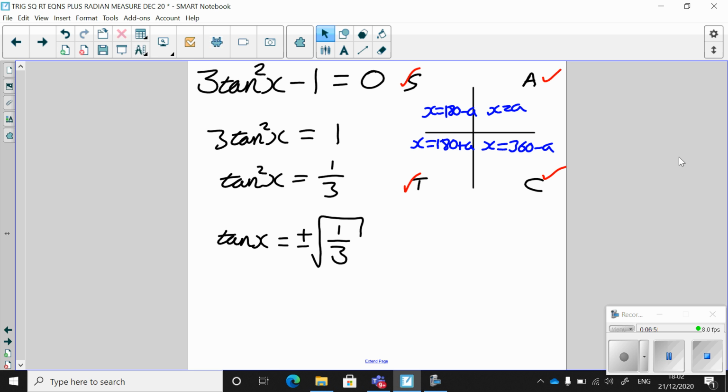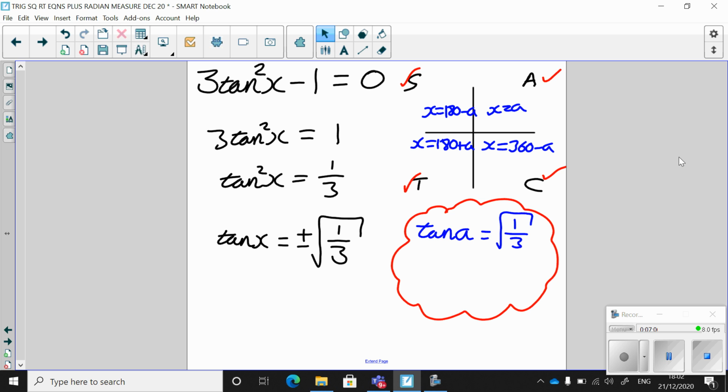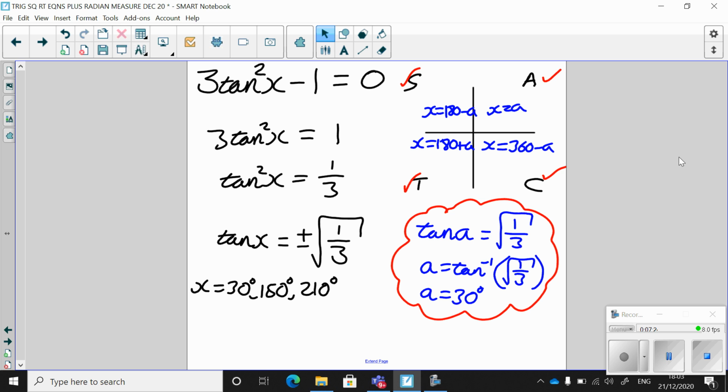In other techniques you won't use this, but we are using it. So here we go. Let's bring A on board. So it would be tan A is the square root of 1 over 3. Just leave it like that there. So we're going to have the inverse tan of the square root of 1 over 3. That should give you a nice answer. 30 degrees. So let's fire it in to all our quadrants. 30, 150, 210, and 330.